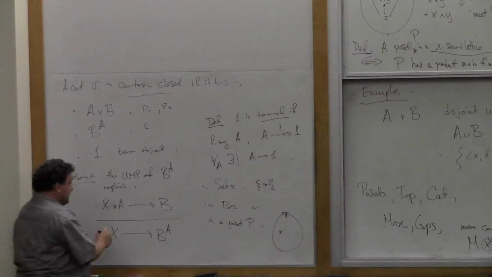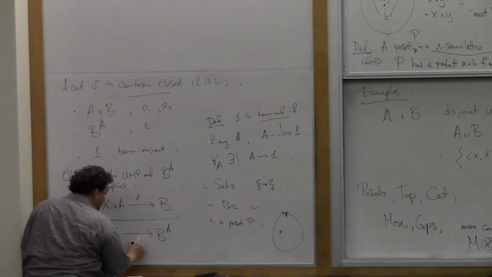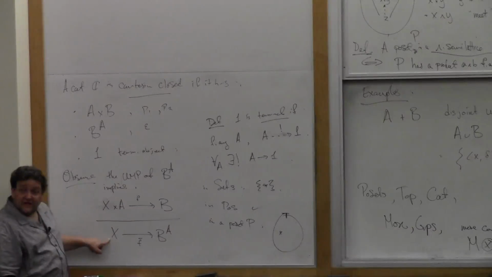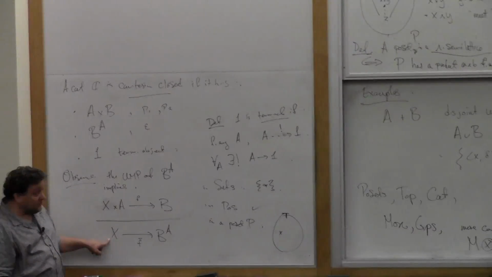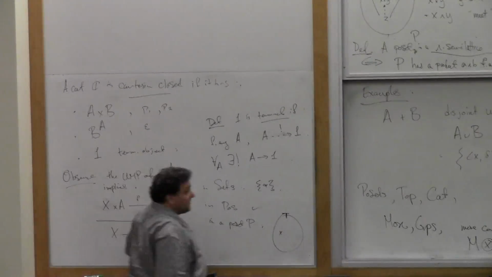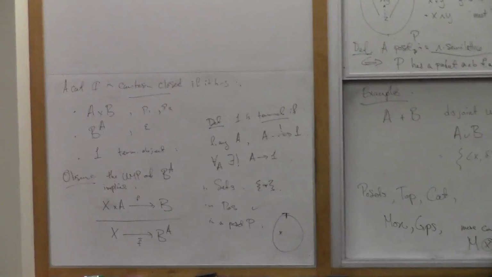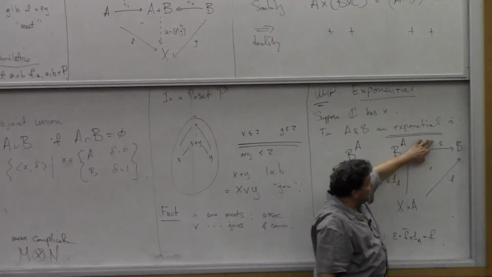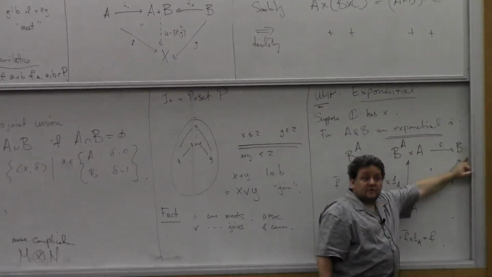That's this transpose business. Given F, there's a transpose like that. However, anytime I have a map like this, I can cross it with 1A and compose with evaluation and get a map like that. Given any map like that, some G here, I cross it with 1A, compose with evaluation, and get a map over here.